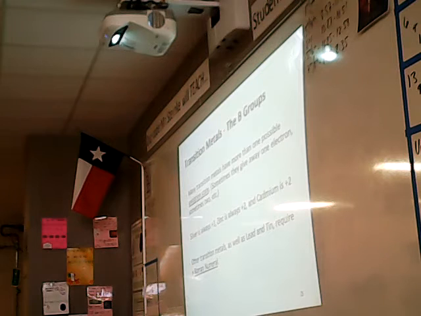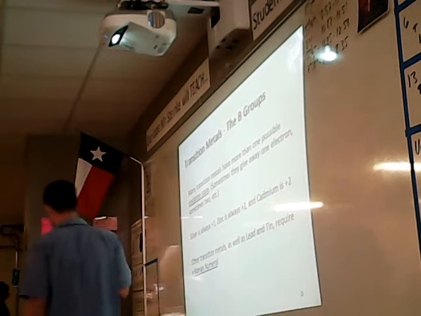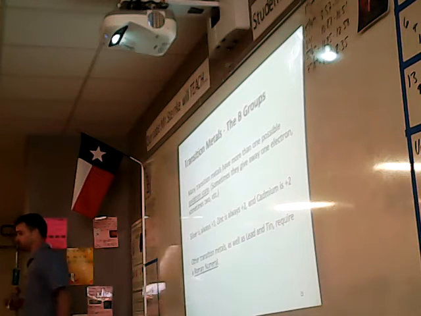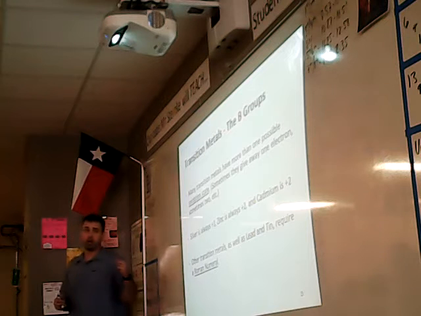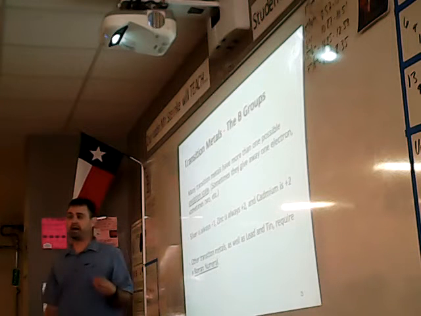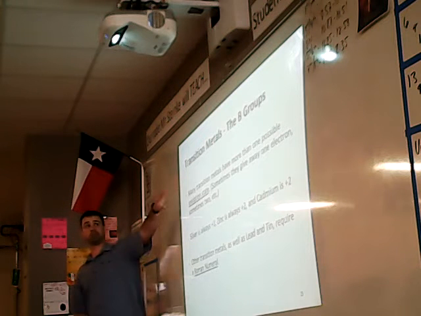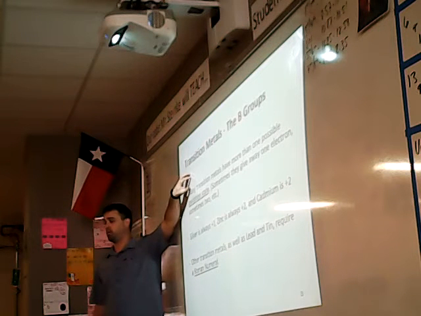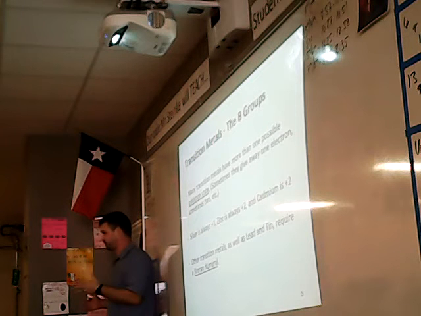Okay, so we're going to spend some time on this slide, and I'm going to repeat quite often what this slide is saying, and here's why. Being able to write ionic formulas and ionic names using your transition metals was one of the skills last year. It took my kids a long time to master, okay?